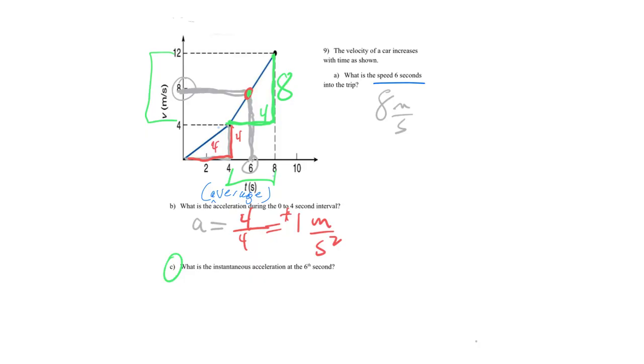So let's see, 12 minus 4 is 8 for the rise, and the run is 4. 8 minus 4 is 4. So acceleration is 8 divided by 4. The rise over the run is 2 meters per second squared. That's instantaneous acceleration anywhere on that second line segment.